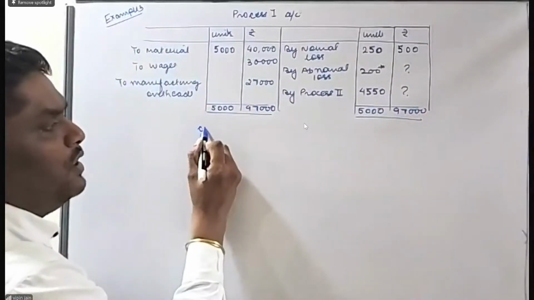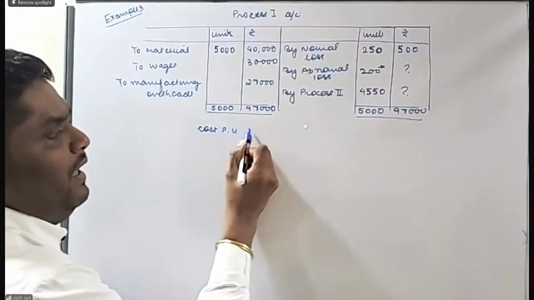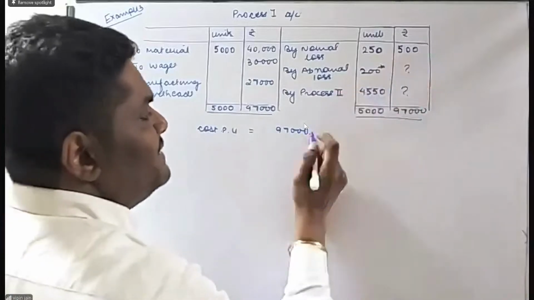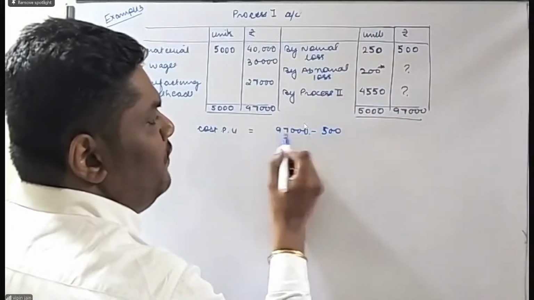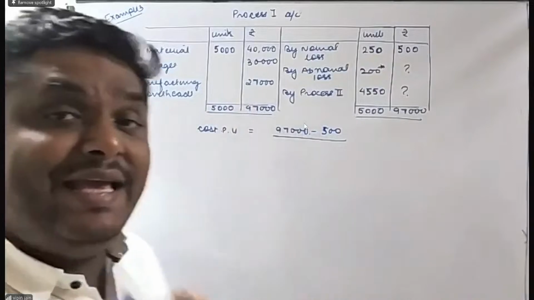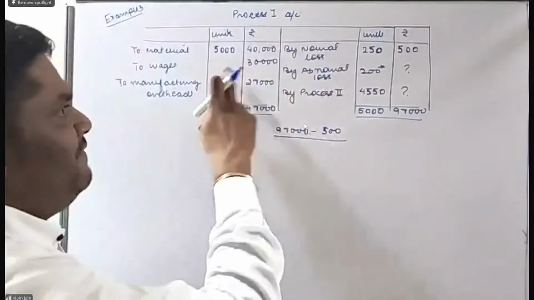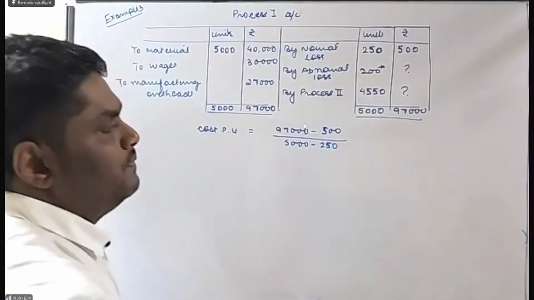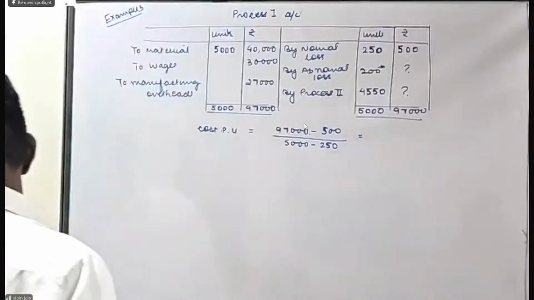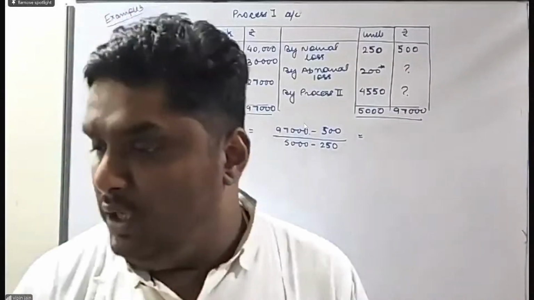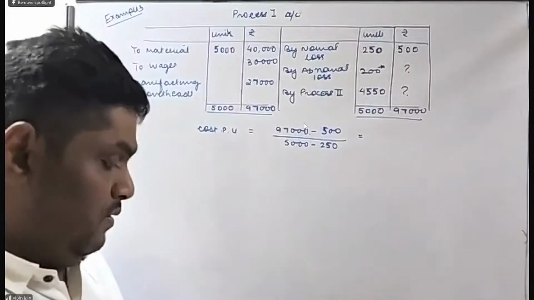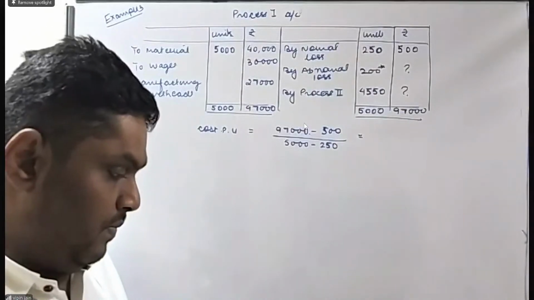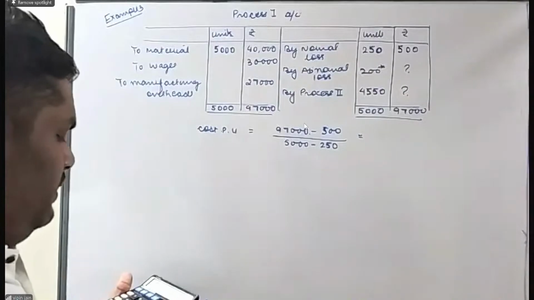So let's calculate the cost per unit. Very simple, guys. As I discussed, the total process cost 97,000 minus the scrap value that is realized on sale of normal loss, divided by my expected output, that is 5,000 minus 250. So my cost per unit will be 20.32.